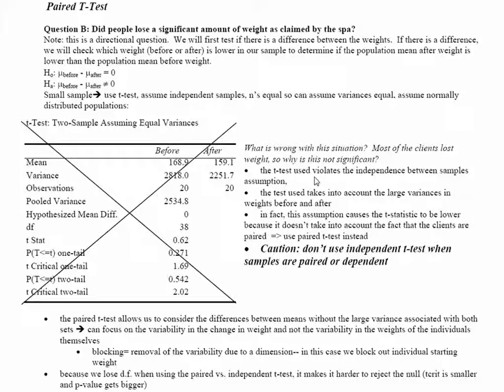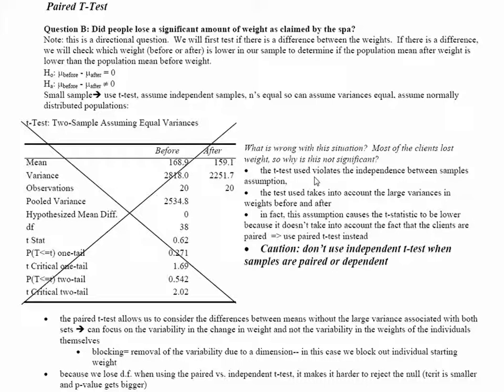The test used takes into account the large variances in the weights before and after. So it looks at the weight differences between the heavy men and women and the heavy men and women before and after. So there really is a significant issue. And so the strong caution here is that we should never use an independent t-test when the samples are paired, or in this case, dependent.